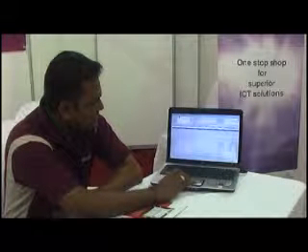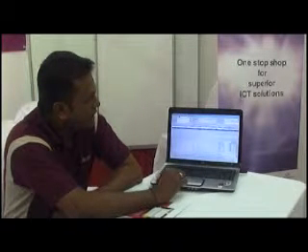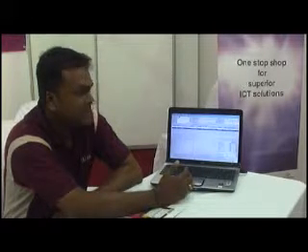Pictures can be shown to the customer, or you can get a printout and give it to the customer also. So those are the basic important modules which I have elaborated on.